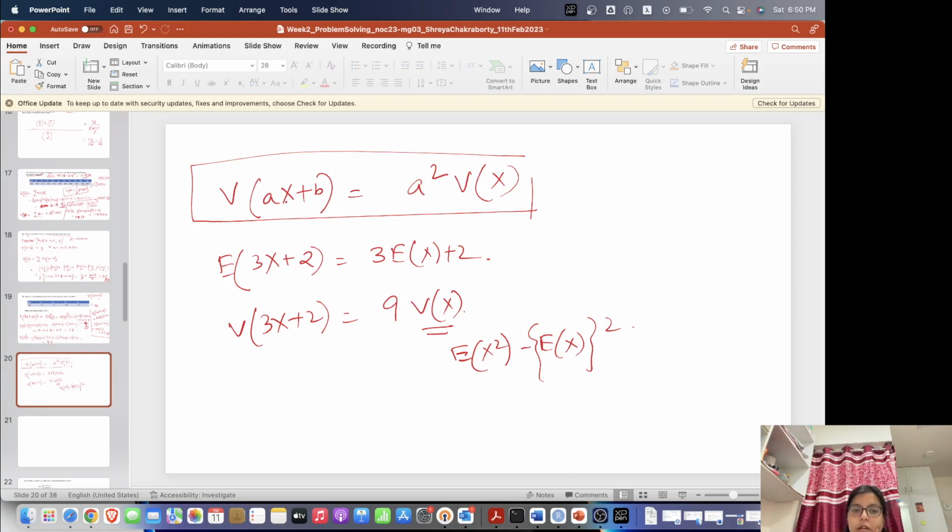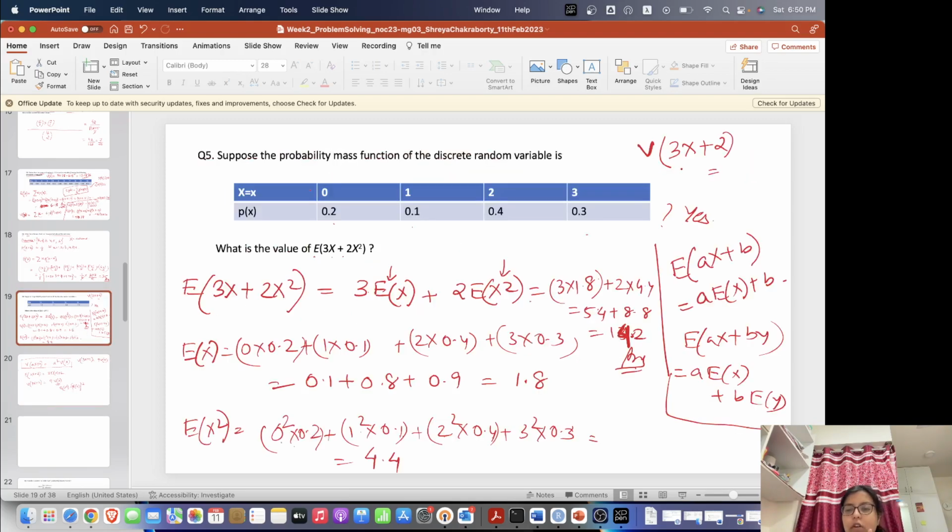But just remember this part: variance of 3x plus 5 will be 9 variance of x. So for this question, if I have to find variance of 3x plus 2, the answer would be 9 into variance of x.